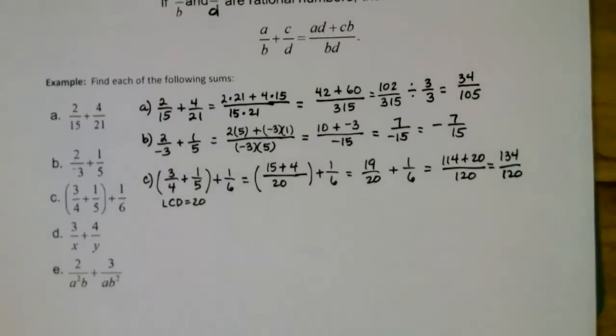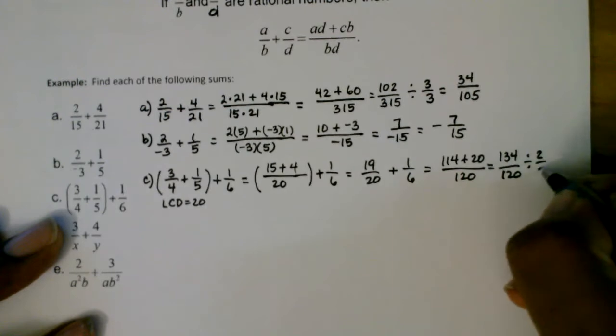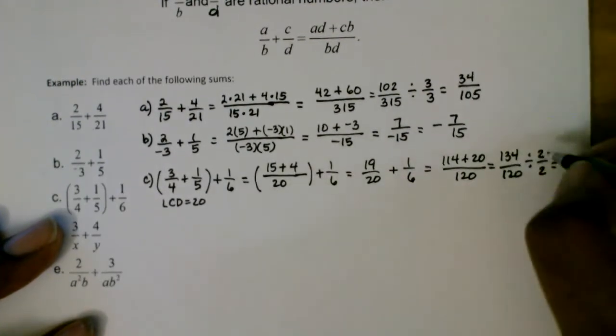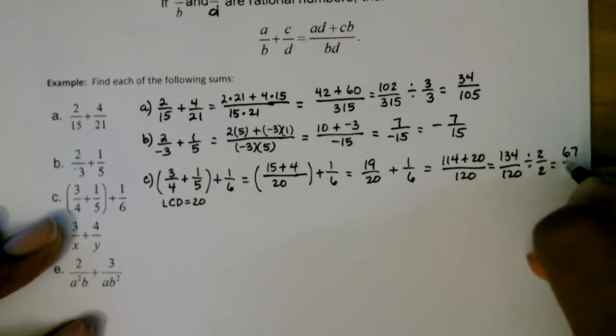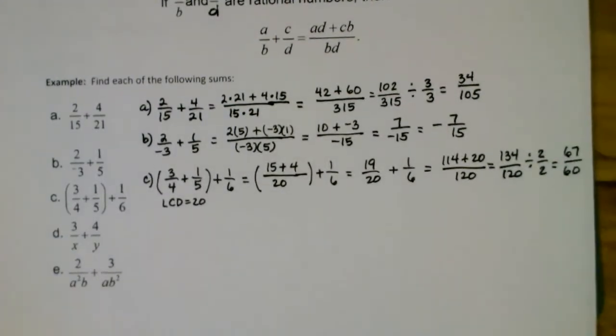And I will have to find the largest number that can go into 134 and 120. It would have to be 2. So if I divide the numerator by 2 and the denominator by 2, 2 goes into 134 67 times, and 2 goes into 120 60 times. And I will leave that as an improper fraction. So here, 67 over 60 would be the answer to part C, for 3/4 plus 1/5 plus 1/6.